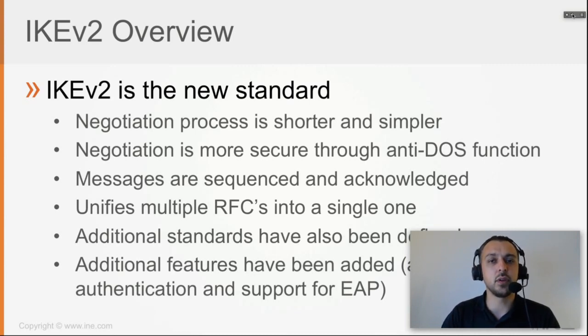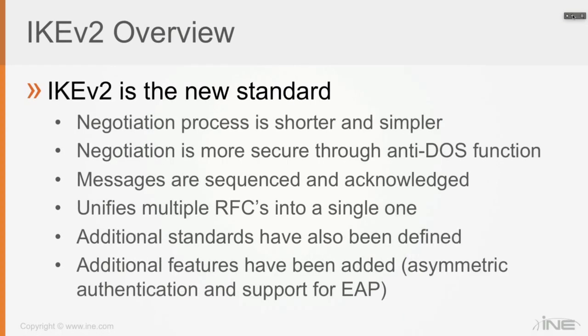They added a couple of functionalities, but it was never a bulletproof implementation. Also in IKEv2, all control plane messages to bring up the tunnel or tear down the tunnel are sequenced and acknowledged. In IKEv1, that was not part of the standard. Some vendors have added that capability.